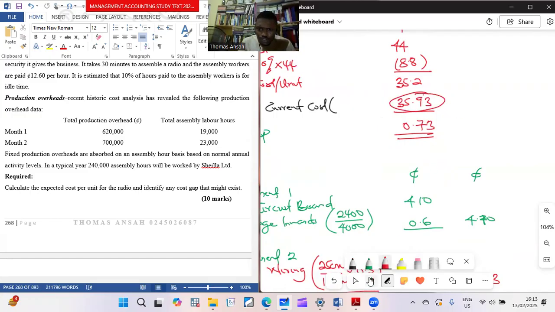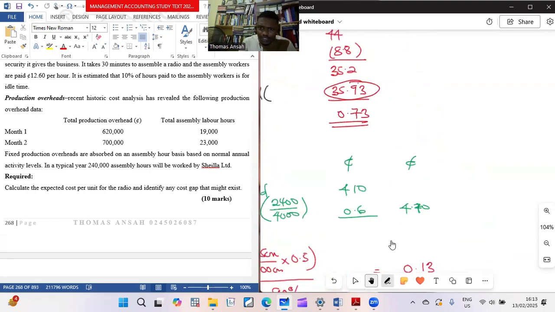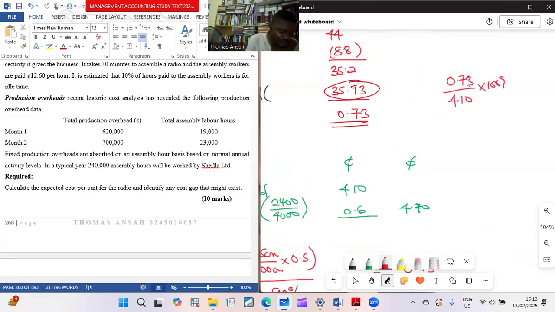So you can do sensitivity analysis where you can say that if we pick component 1, 0.73 over 4.1, what we are buying from the suppliers, by 100%. That gives 17.8%, that's like 18%.